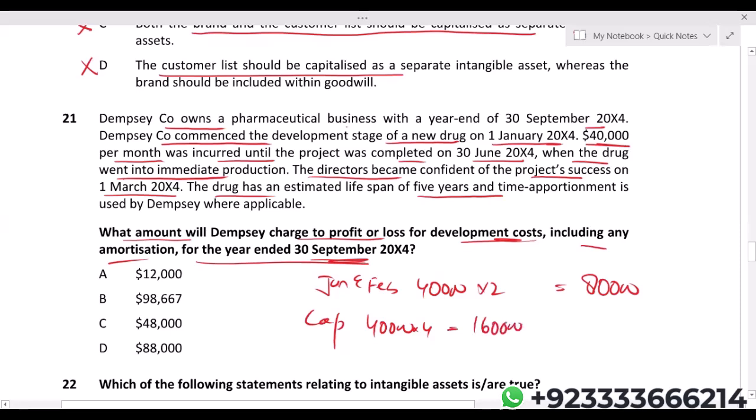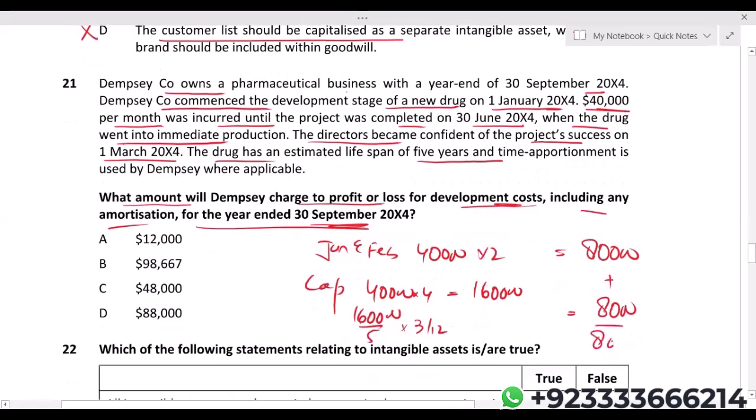We will amortize this 1,60,000 for 3 months. Useful life is 5 years, 3 months amortization. Let me use the calculator. 1,60,000 divided by 5, times 3 by 12, 8,000. So the amount which will be charged to P&L, that is 88,000.